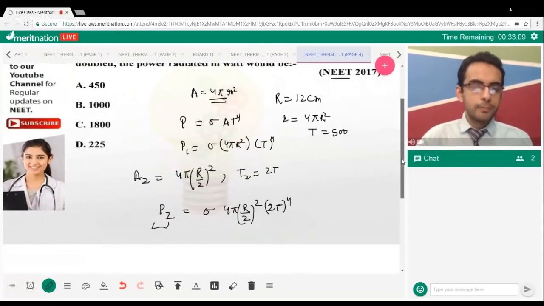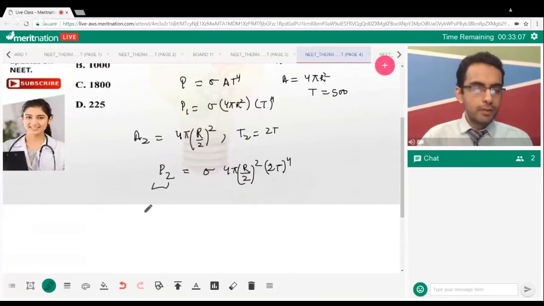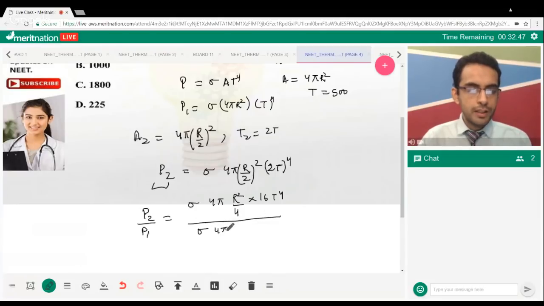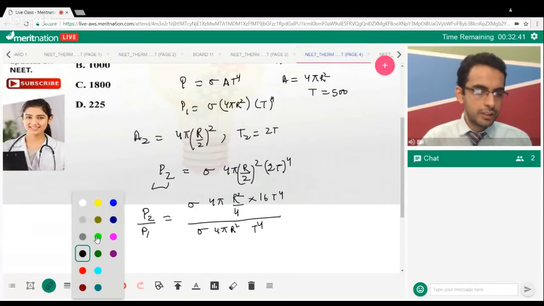Okay, so we have to find the value of P2. Just do one thing, just divide P2 and P1. So you get P2 by P1 is equal to sigma multiplied by 4 pi R square by 4 into 16 T raised to power of 4, and in denominator we have sigma 4 pi R square and T raised to power of 4. So you can cancel out the things in this expression.